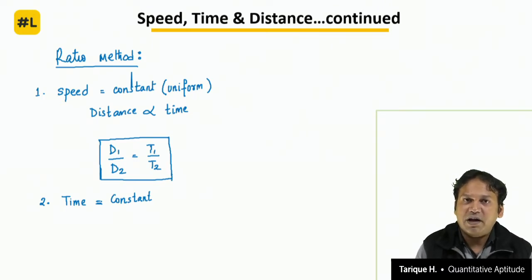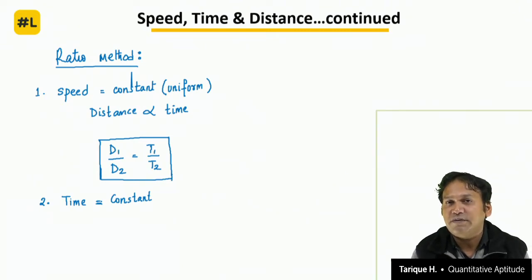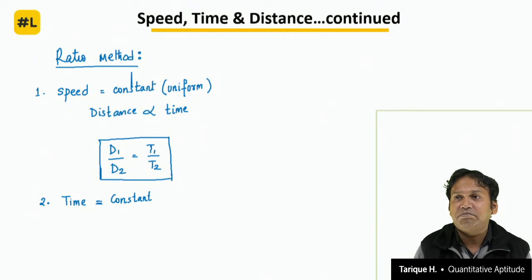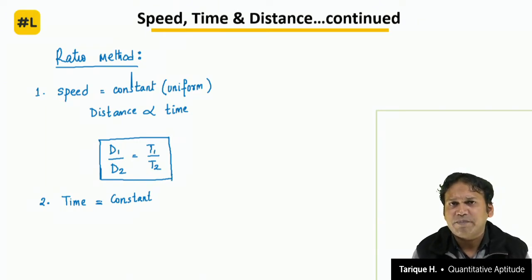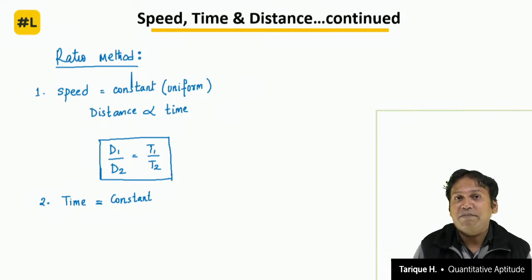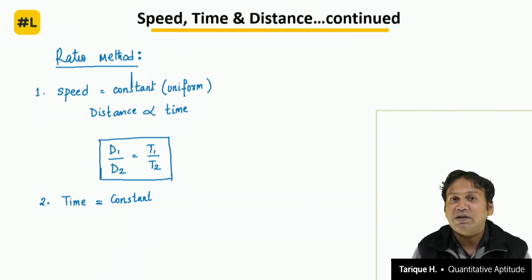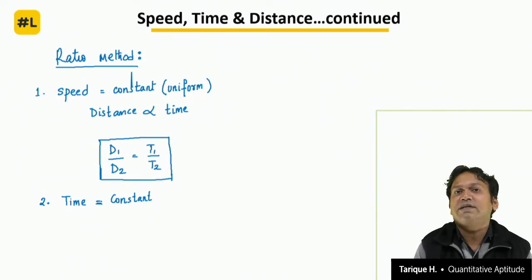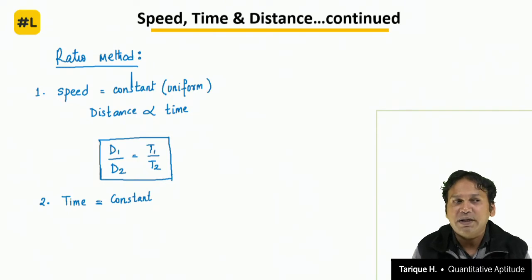If you travel for 1 hour in a car, the distance covered will be, let us say, around 40 kilometers. If you travel 1 hour on a bicycle, the distance covered will be around 18 kilometers. If you travel 1 hour in a flight, distance covered will be almost 400-500 kilometers. So, when the speed is increasing, distance covered is increasing, and when the speed is reducing, distance covered is reducing.